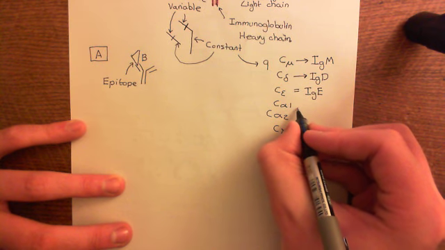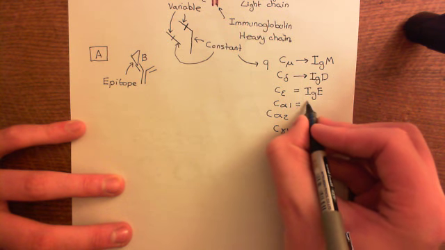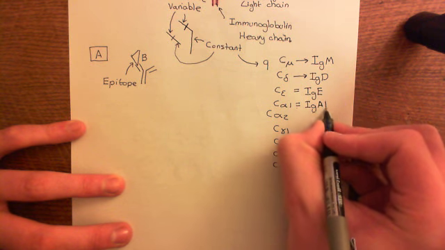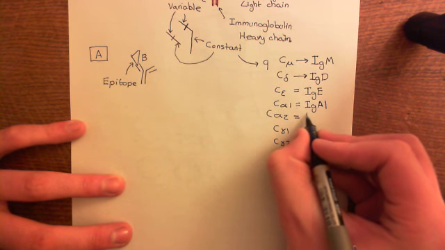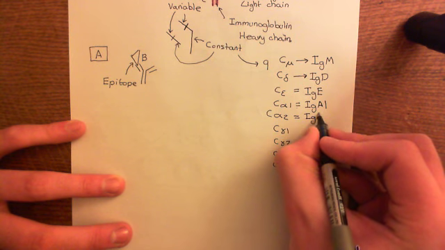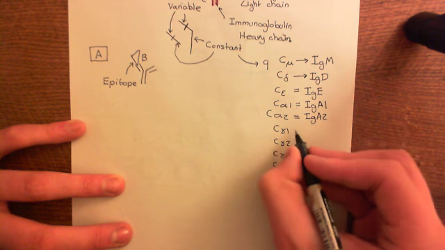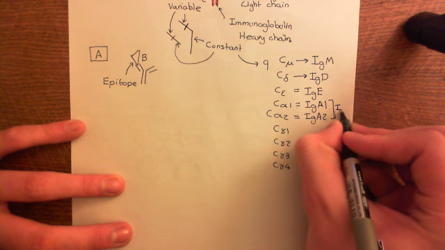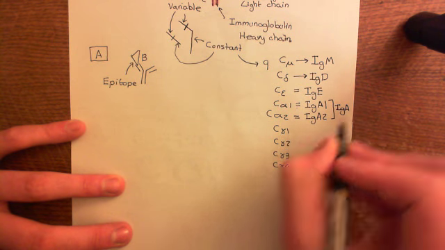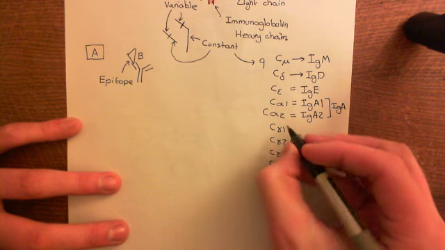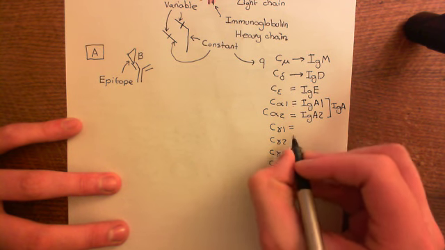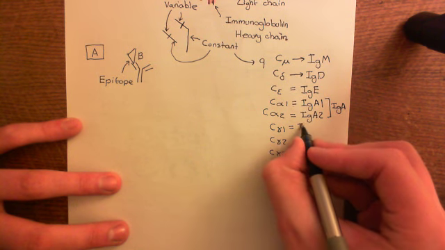Okay, and then if you use the constant alpha 1 region, your molecule is strictly speaking called an IgA1. If you use the constant alpha 2, your molecule is strictly speaking called IgA2. But people will commonly just refer to those collectively as IgA, immunoglobulin A molecules. Okay. Similarly, there are these 4 different constant gamma regions.